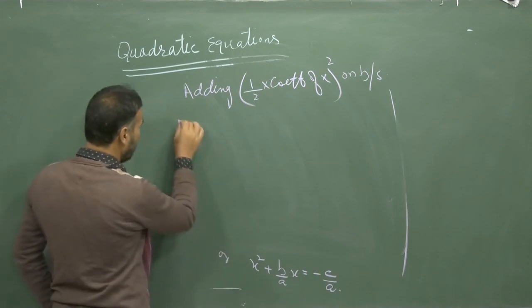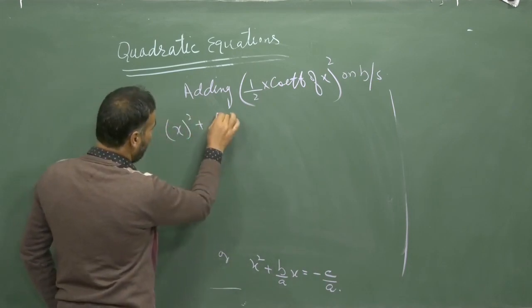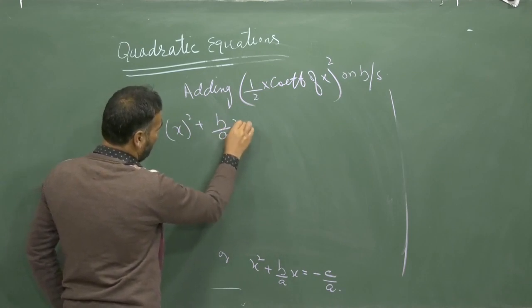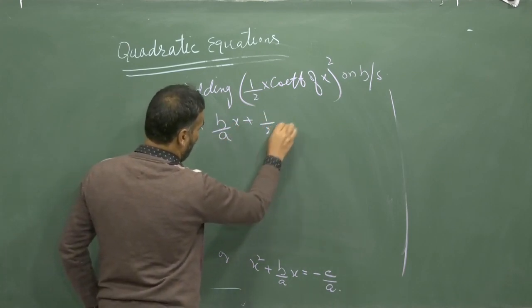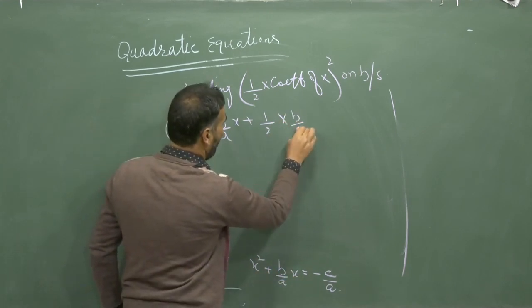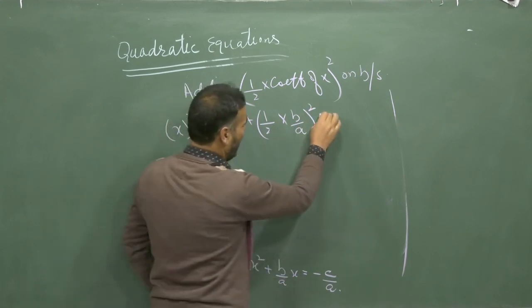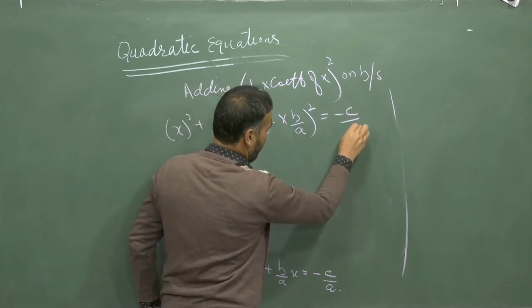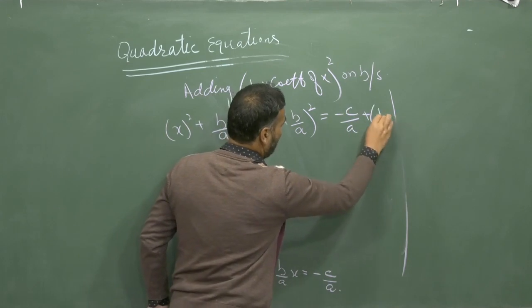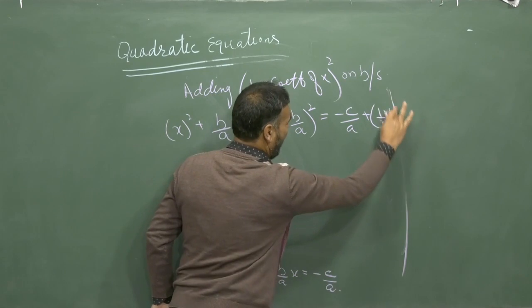we get x² + (b/a)x + (1/2 of the coefficient of x, that is b/a) whole square is equal to -c/a + (1/2 × b/a) whole square.